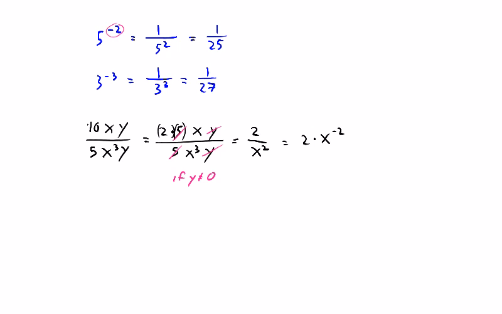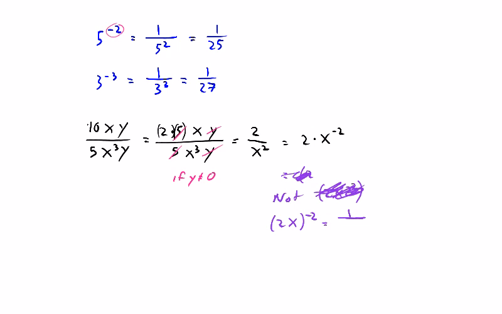Now be very careful with this. This is very different than 2x to the negative 2 power. If I had 2x to the negative 2 power, that would indicate that the entire expression 2x is in the denominator and being squared.